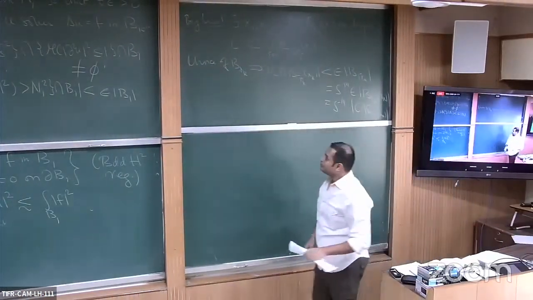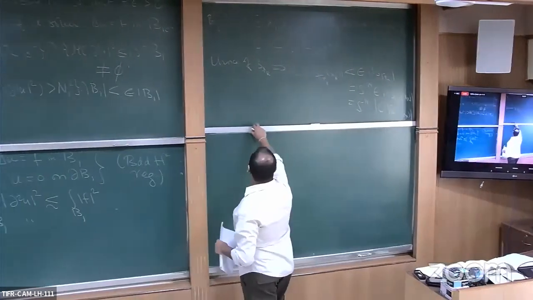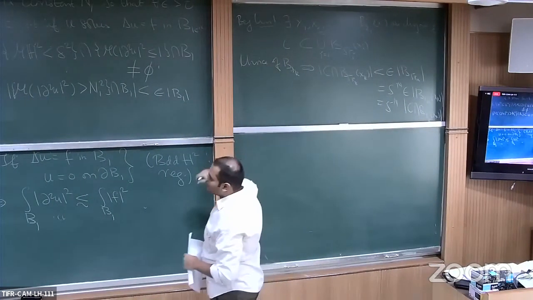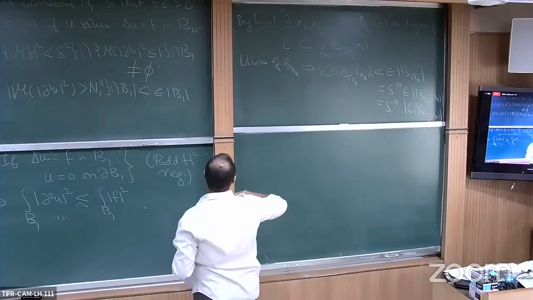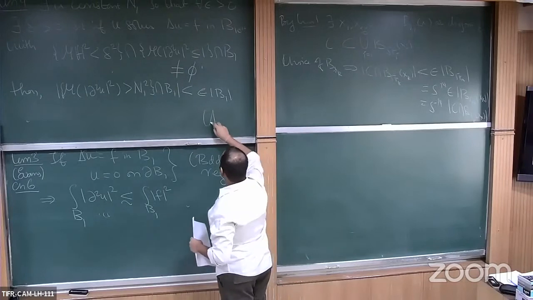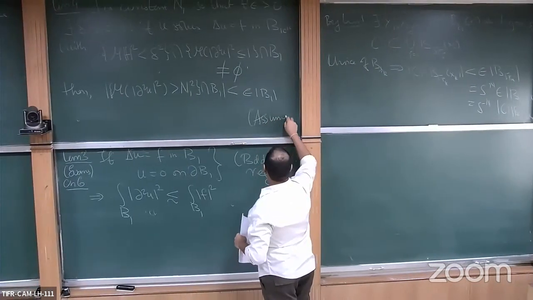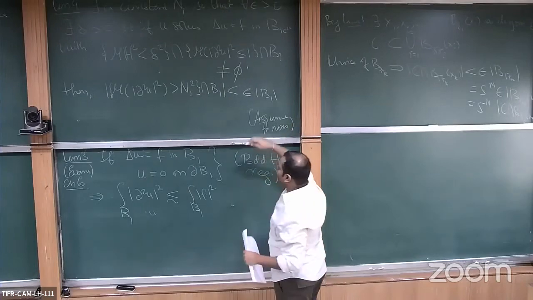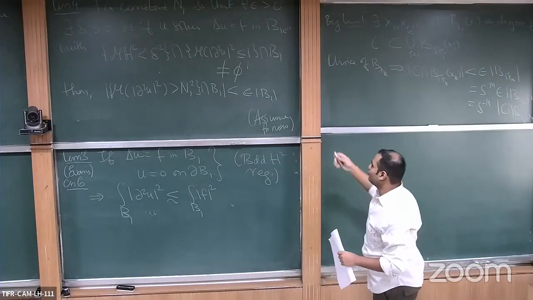Assume for now that this is true, and I hope I've convinced you in the beginning why this is reasonable. The right hand side is small, so it is almost like a harmonic function.